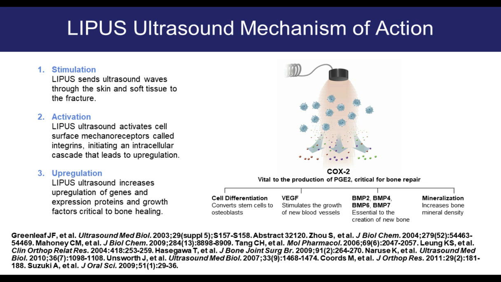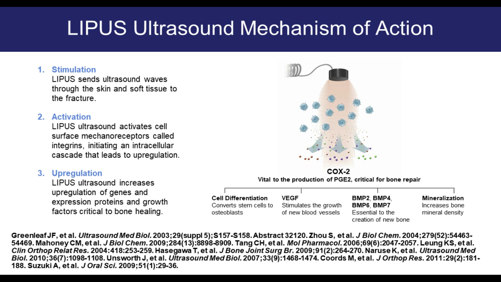VEGF, new blood vessels, are upregulated by LIPUS. BMPs, a whole alphabet soup of those are upregulated that are essential to creation of new bone, and mineralization. We saw that in the Schoeffer study. Some of this is working through the COX-2 pathways that's critical for production of PGE2.